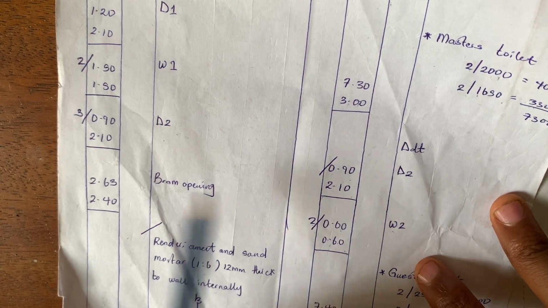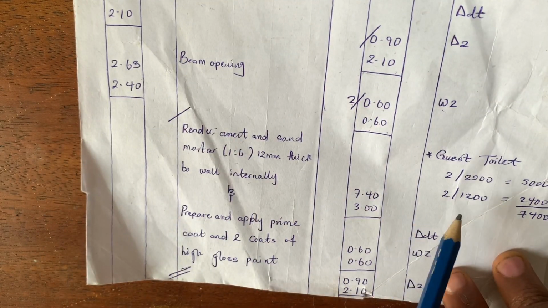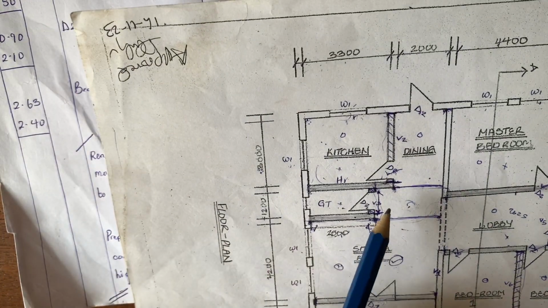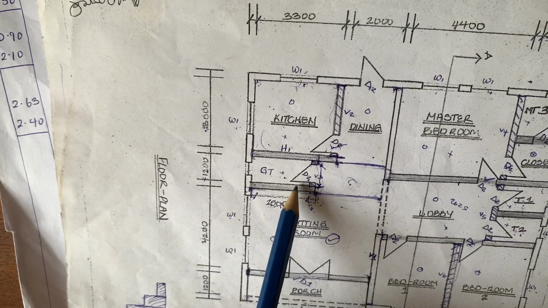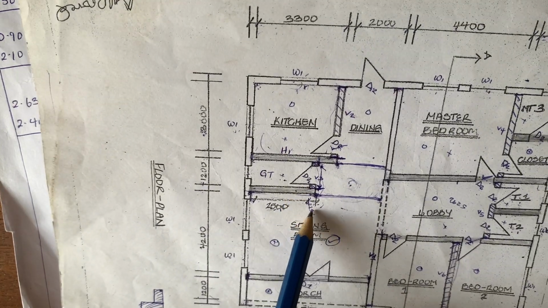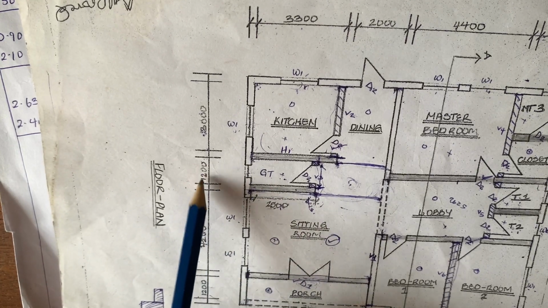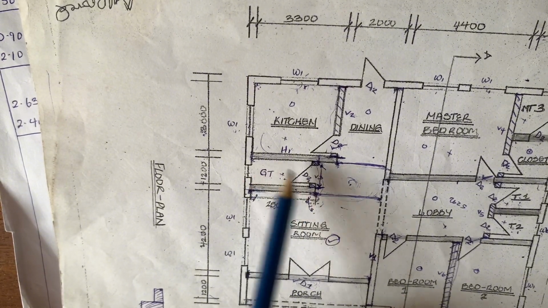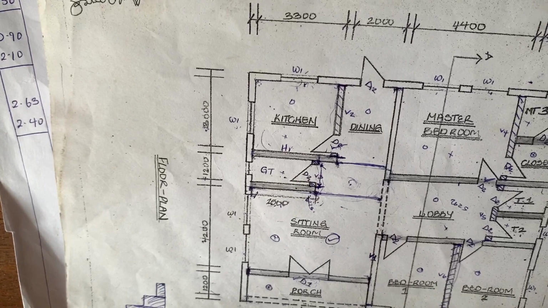The next thing we're going to be booking for is the guest toilet. Now, if you look at this, the size of the guest toilet is 2,500 by 1,200. So we have to find the internal perimeter of the guest toilet.